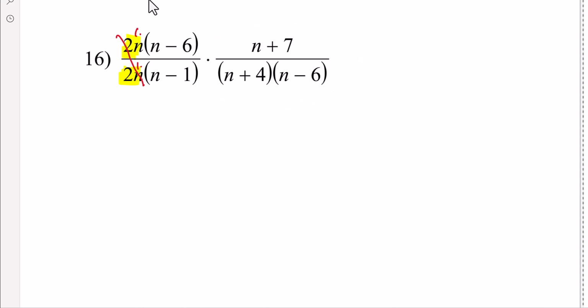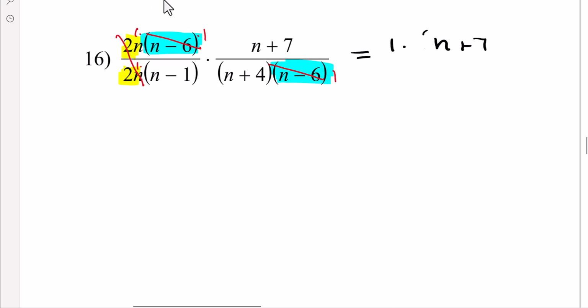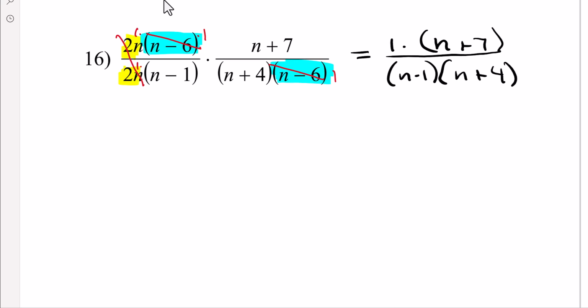Nope. So now let's look diagonally. This n minus 6 over here, diagonally in the denominator. So that cancels to 1. That cancels to 1. And now look at what we have. We have 1 times n plus 7 over n minus 1 times n plus 4.